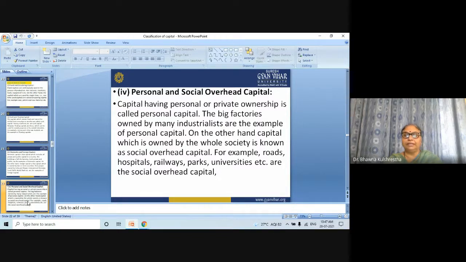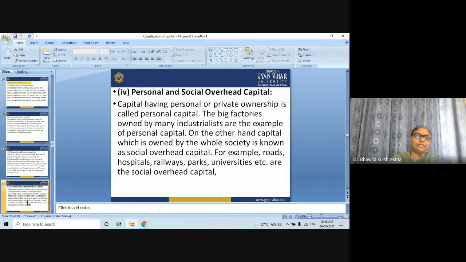On the other hand, capital which is owned by the whole society is known as social overhead capital. For example, roads, hospitals, railways, parks, universities, etc. These are social overhead capitals.